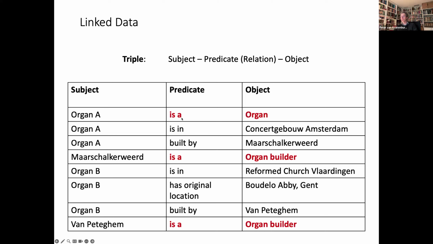Particularly these is-a triples are important because they represent classes, right? This says that organ A is an instance or an individual of the class organ. And this network of classes in itself needs to be designed. If you design a linked data structure, it's called an ontology.